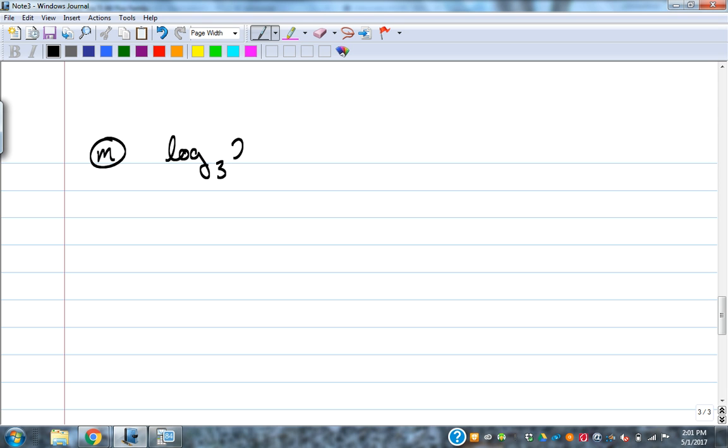Log base 3 of 27. So if I set that equal to x, and then rewrite it as an exponential, it'd be 3 to the x power is equal to 27. What do we know about 27?